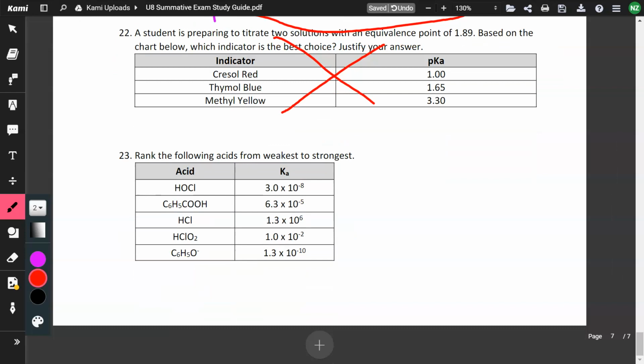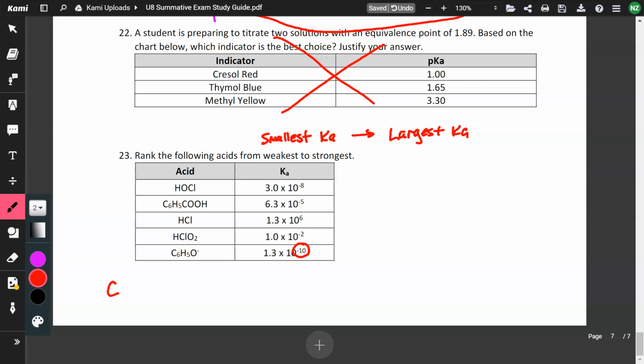It says rank the following acids from weakest to strongest. So smallest Ka to largest Ka. Now, when you're working with these, remember, if you have a negative power, that's a really small number. So this is the smallest.